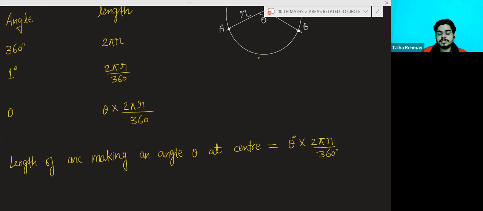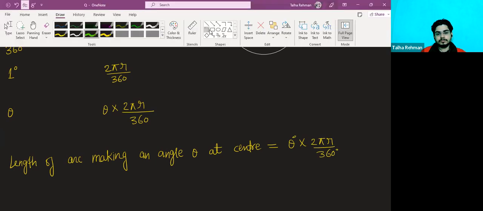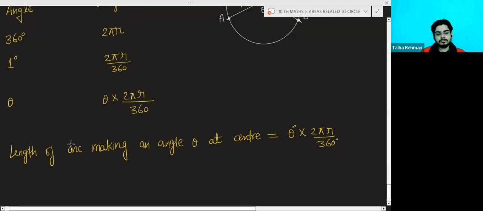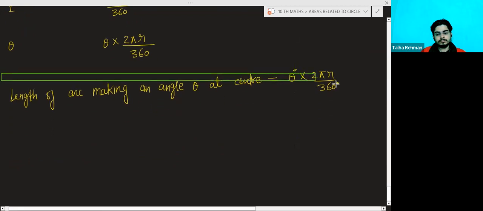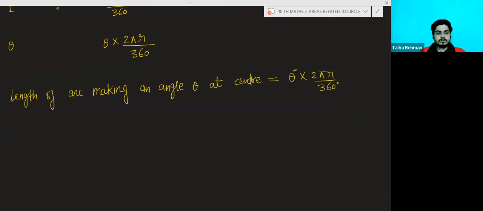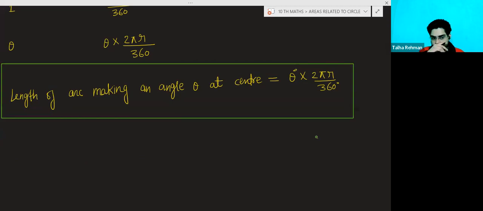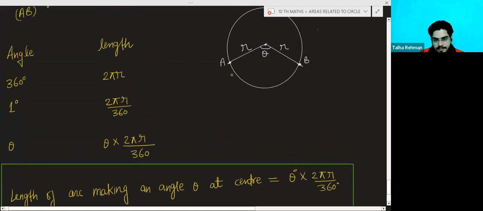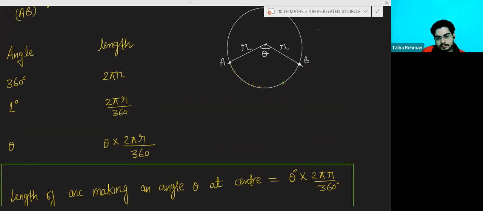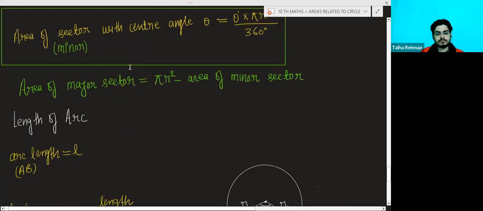This is theta degree. So this will be the length of the arc. Length of the arc means this length AB. We are talking about this length. Write down.